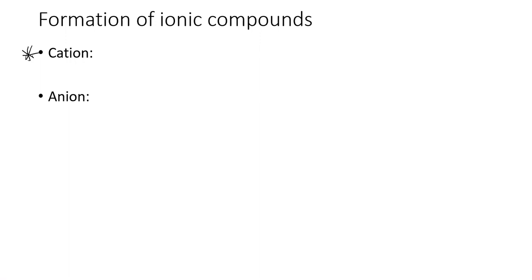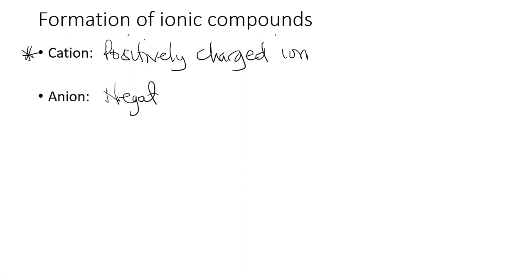A cation is a positively charged ion, while an anion is a negatively charged ion.